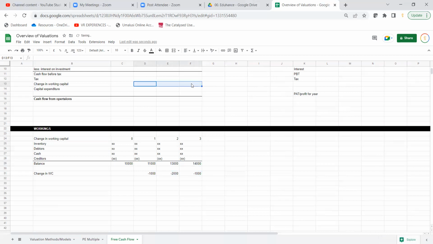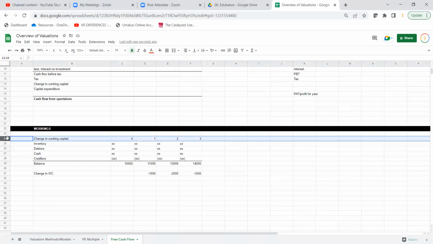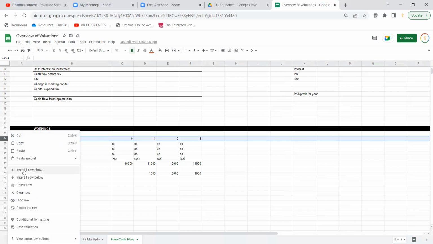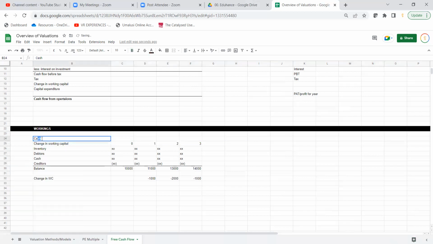Similarly with capital expenditure, we have the same thing over there.